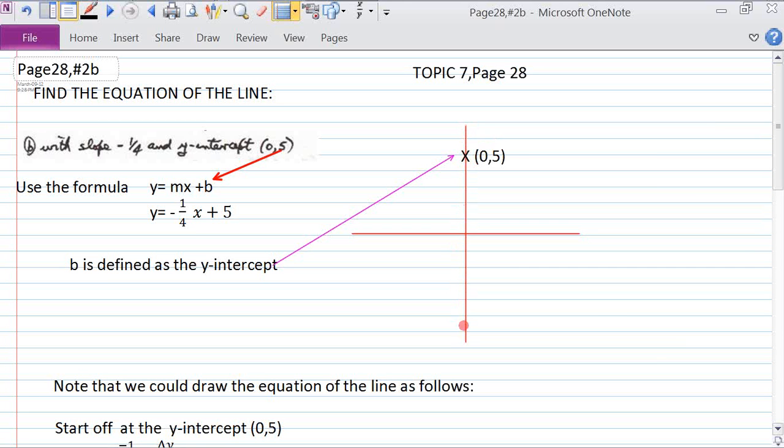This is the y-axis here. So the point at which a graph crosses the y-axis is called the y-intercept, and that is the value of b in the equation y equals mx plus b. So since we know the slope and we know the value of b is 5, we can just substitute it into this. This is the slope, and this is the value of b.